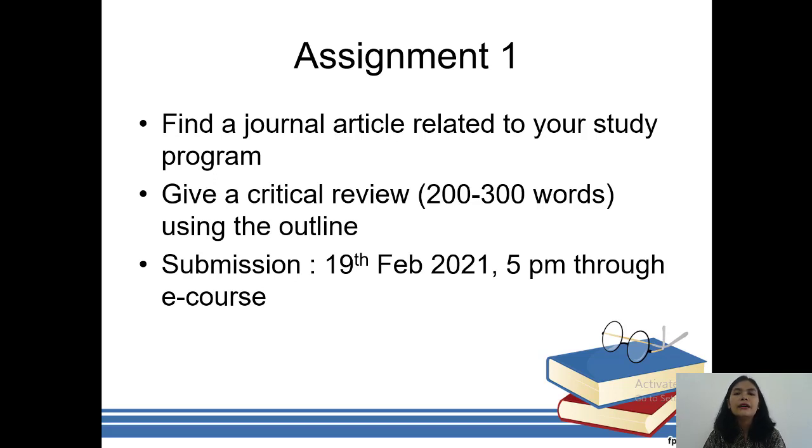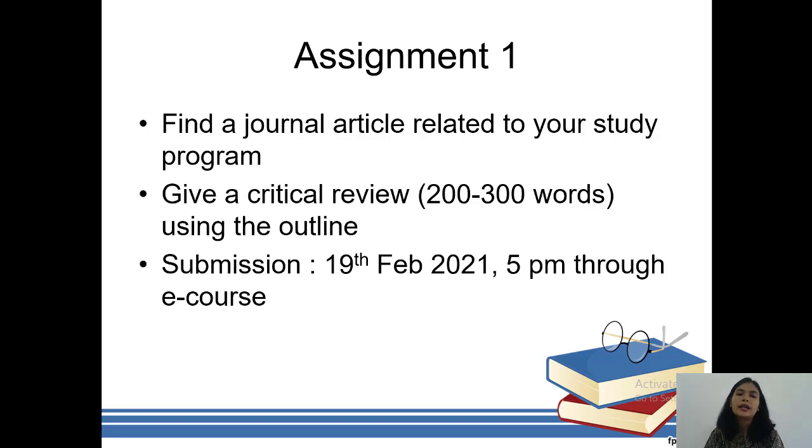After you find the article, I want you to give a critical review using the outline that is given to you, three paragraphs or more, and make sure that you write between 200 to 300 words. So give a critical review of the journal article using the outline that is given.